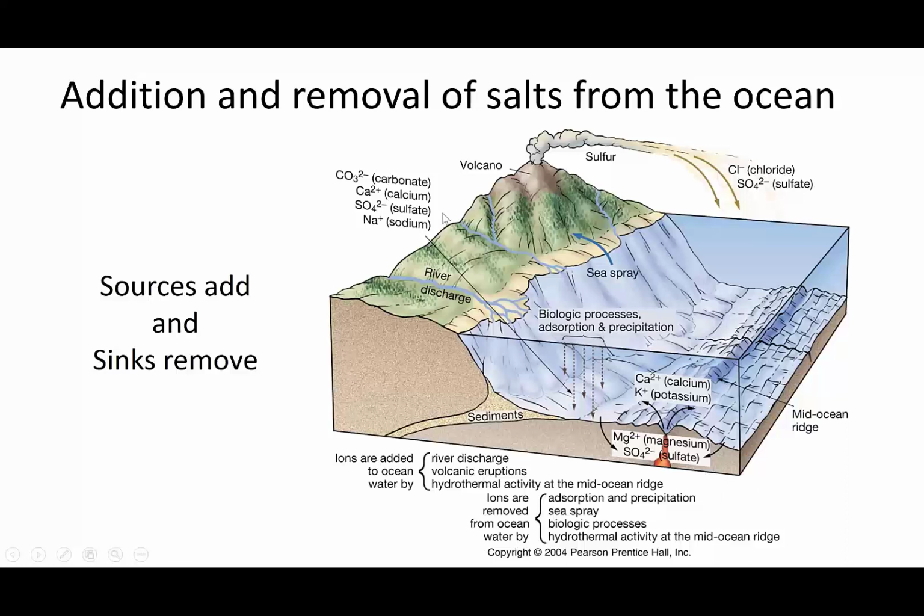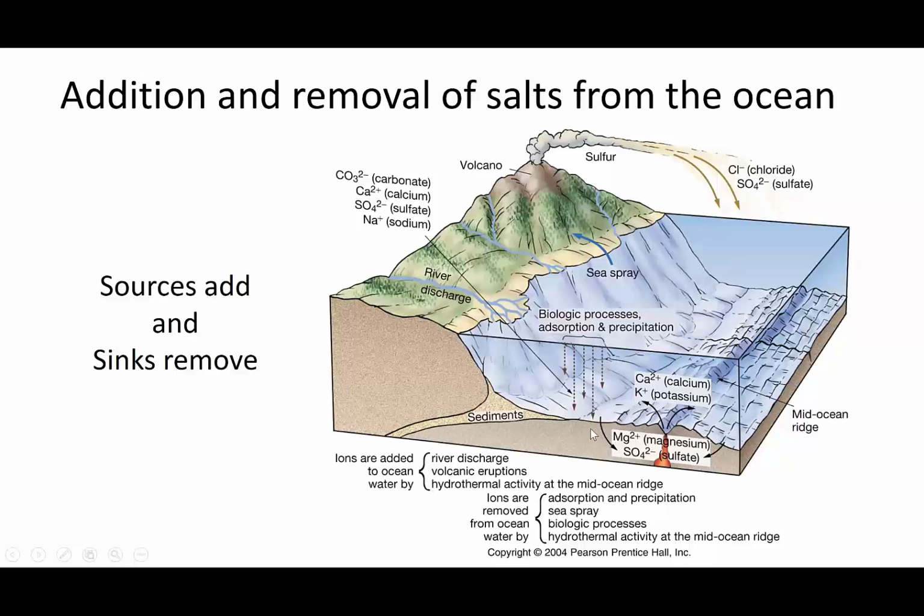This diagram here shows pretty much an overview of some of the behaviours of salts that either add salts to the ocean, either via rivers, volcanic eruptions, weathering in the seafloor due to these hydrothermal systems. So they're all processes that add salts to the ocean, or dissolved ions to the ocean.